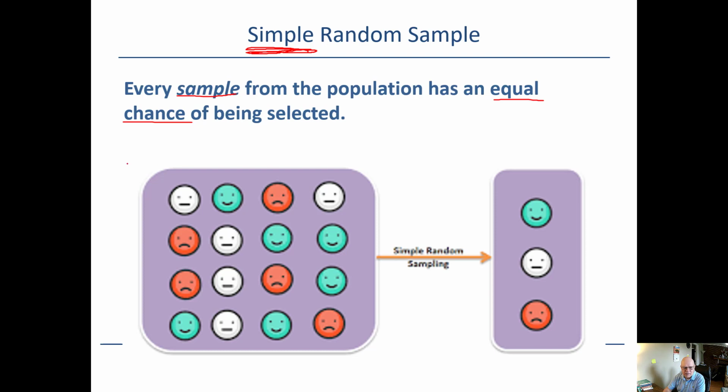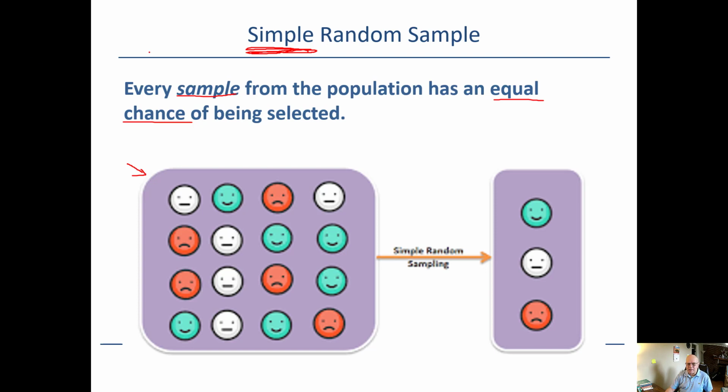So what does that mean? Well, look at this group of smiley faces here. We've got 4 by 4, we've got 16 different faces. Now suppose we want to pick 3 faces from that population of 16 faces. There are a lot of different ways we could pick 3 out of the 16.